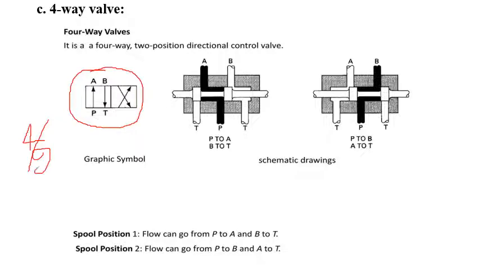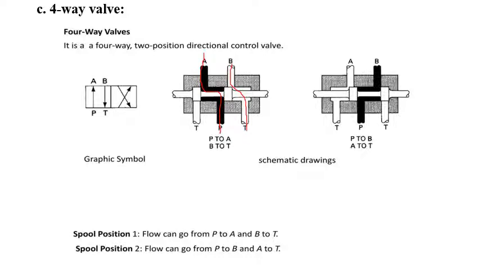It means 4 ports and 2 positions. First position is this one and second position is this one. I will explain the things. In the first position P is connected A and B is connected T. Look at this, the P is connected A and B is connected T.